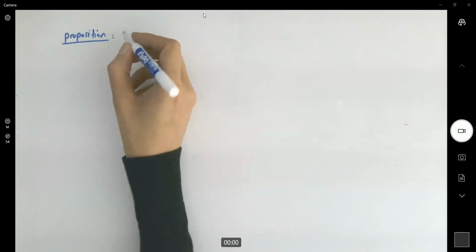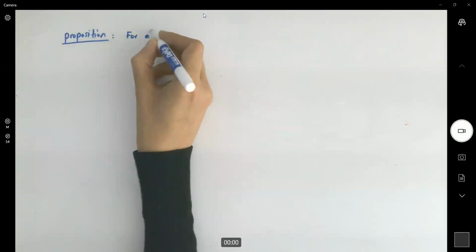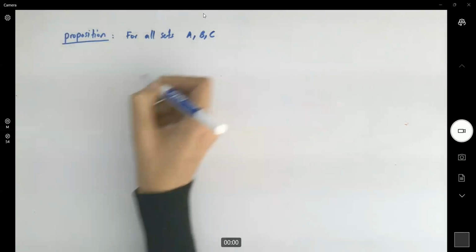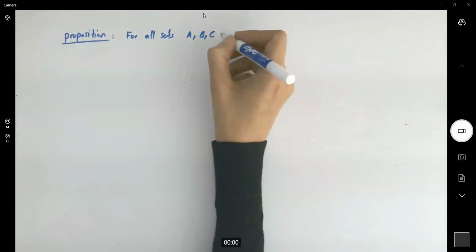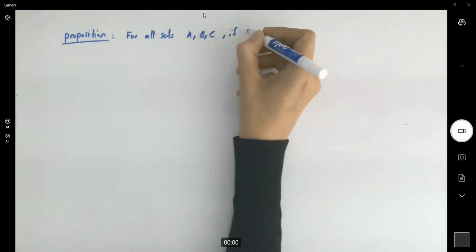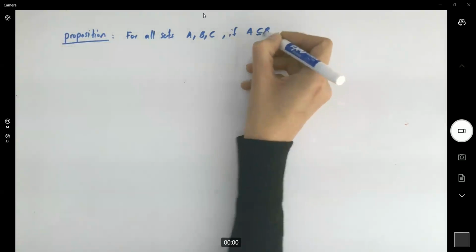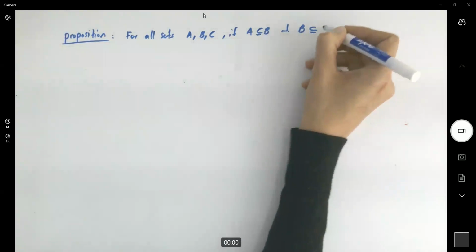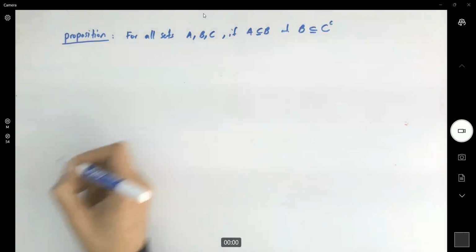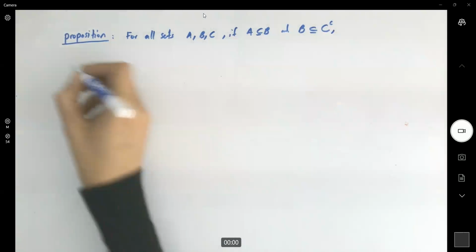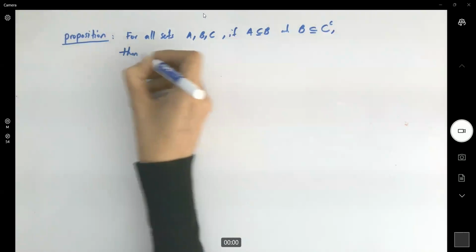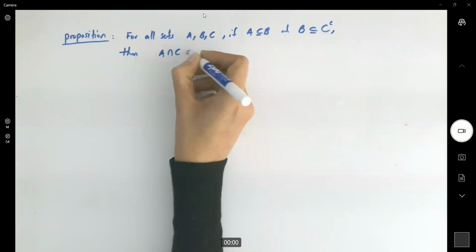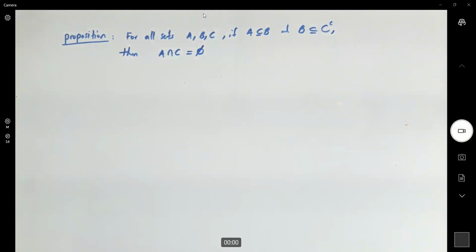for all sets like A, B, and C, if A is a subset of B and B is a subset of C complement, then you can definitely conclude that the intersection between A and C is empty.